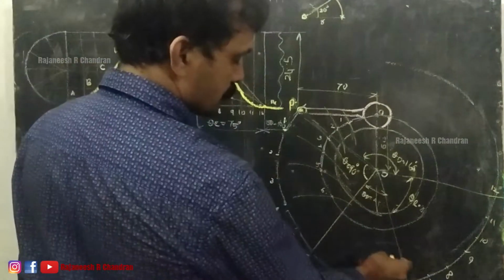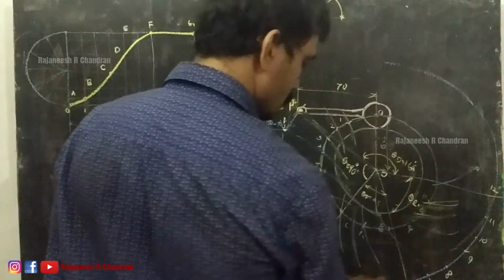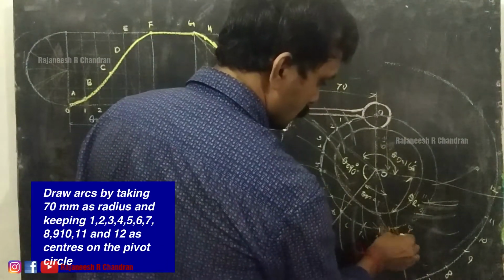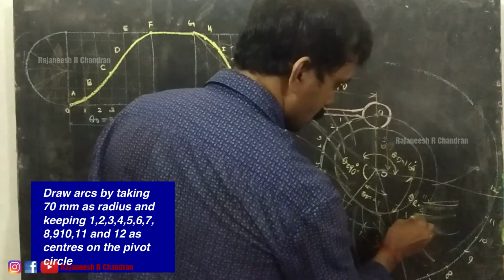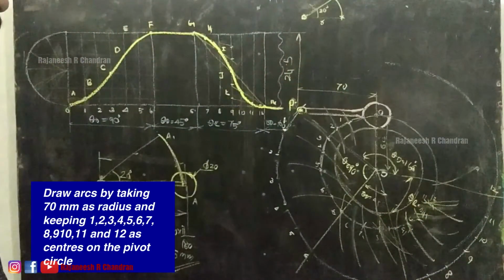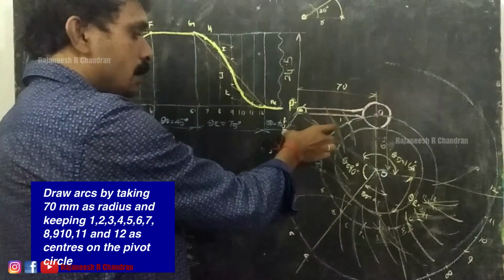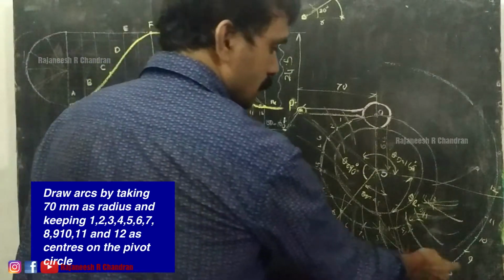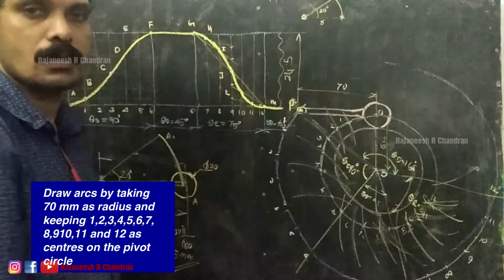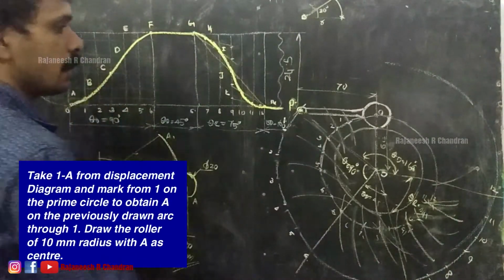Similarly, from 6 dash, 7 dash, 8 dash, 9 dash, 10 dash, 11 dash, 12 dash like this. So take 70 as the radius at every point 1, 2, 3, 4, 5, 6, 7, 8, 9, 10 and draw arcs on the prime circle. So that is completed.